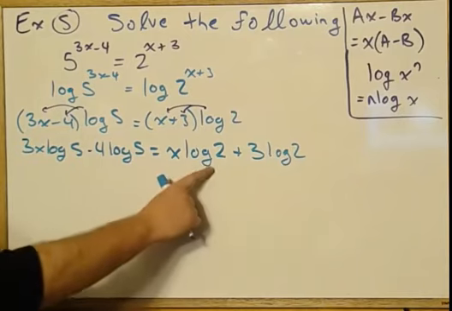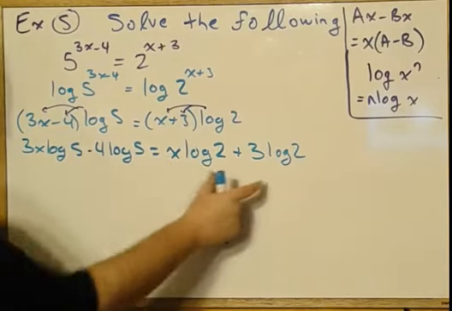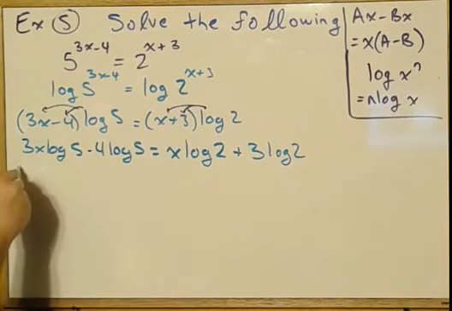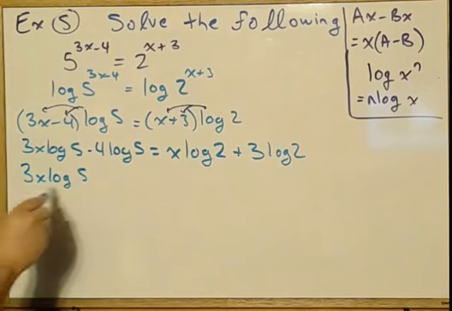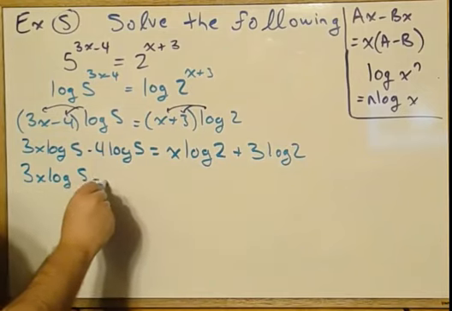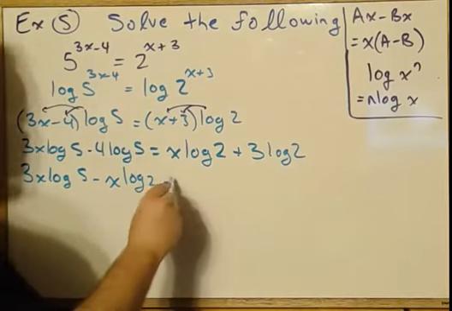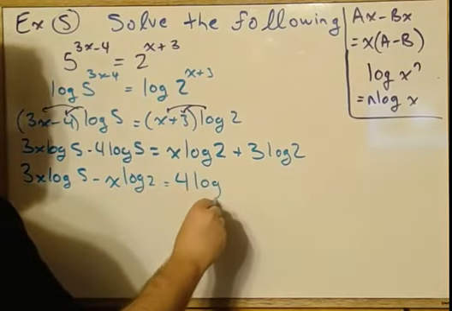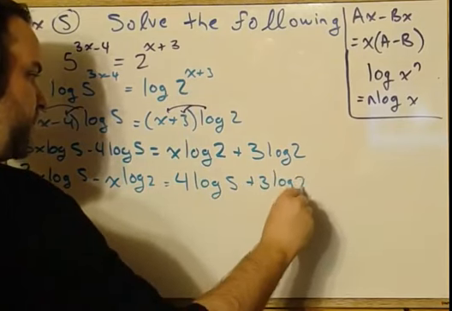Okay, so we move the x log 2 over to the left side, the negative 4 log 5 over to the other. And so we will have 3x times log 5 minus x log of 2 will be equal to 4 log of 5 plus 3 log of 2.